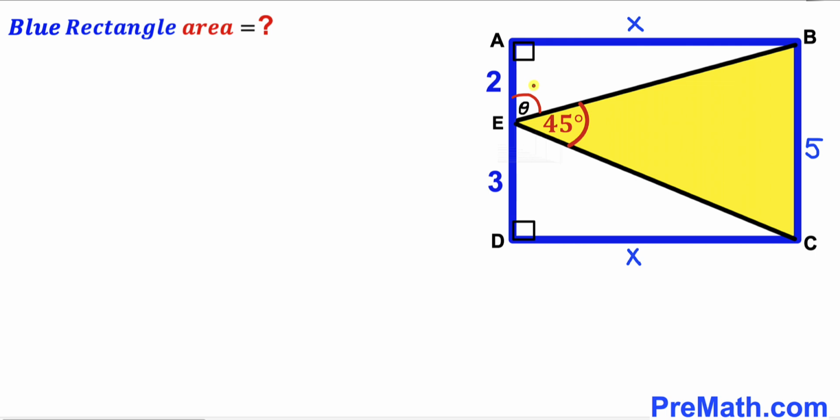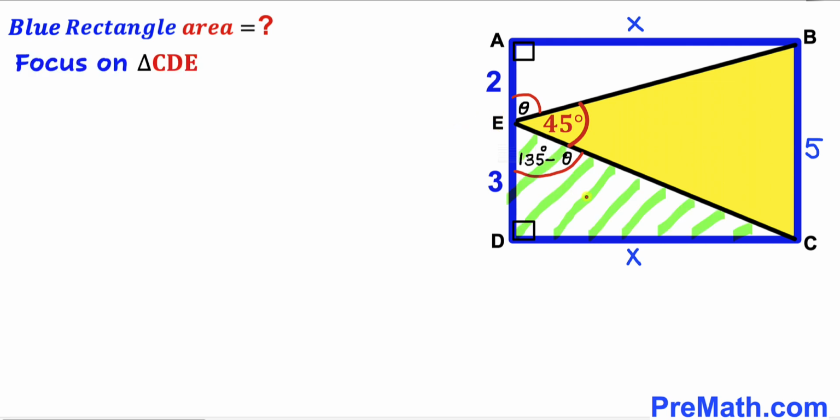This is angle theta, this is our 45 degrees angle, so the remaining angle has got to be 135 degrees minus theta. If we add all three angles, we indeed get 180 degrees.